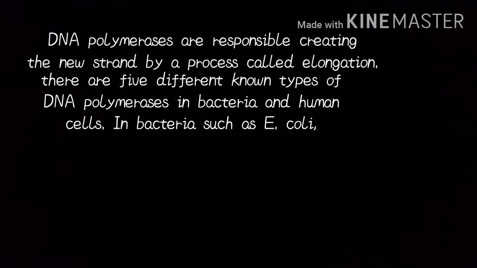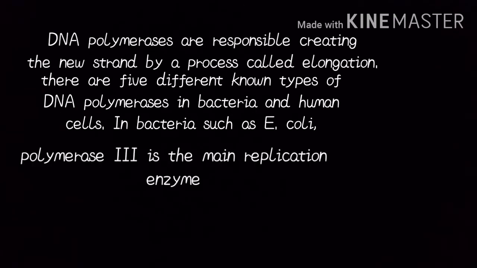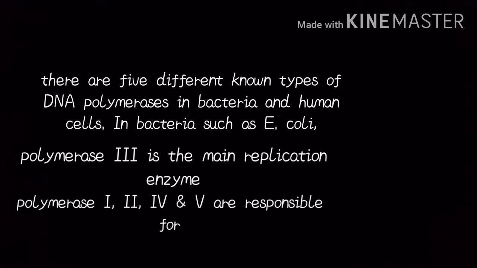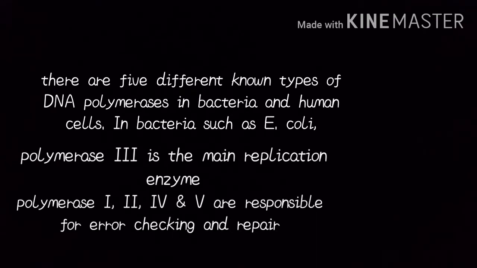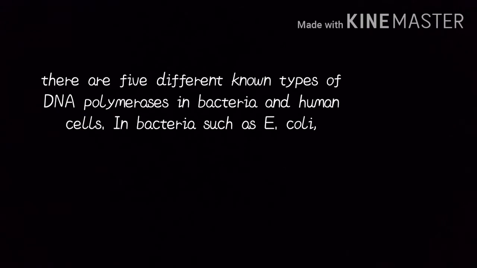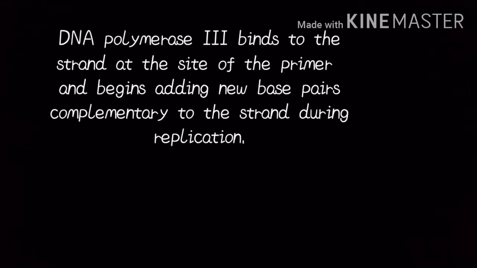In bacteria such as E. coli, polymerase III is the main replication enzyme, while polymerases I, II, IV, and V are responsible for error checking and repair. DNA polymerase III binds to the strand at the site of the primers and begins adding new base pairs complementary to the strand during replication.